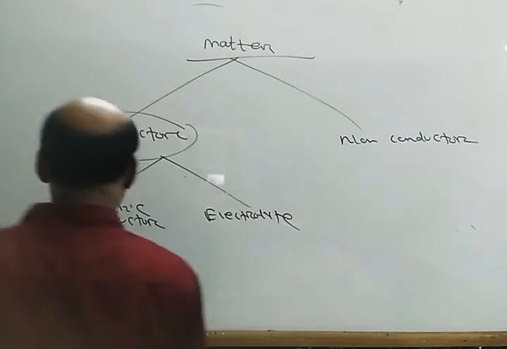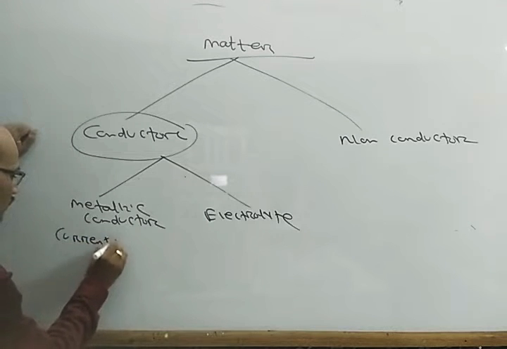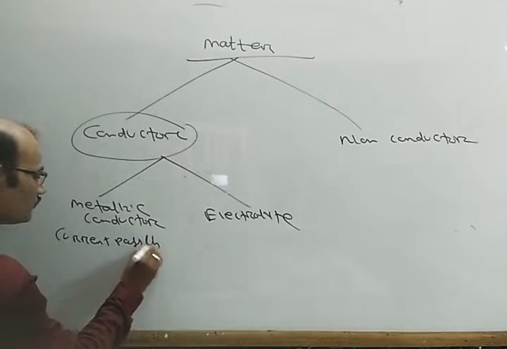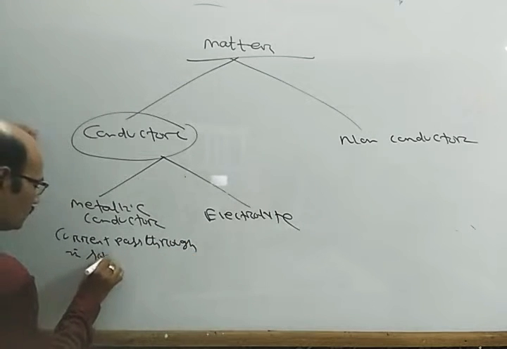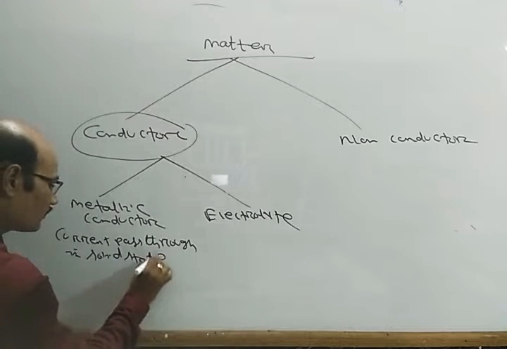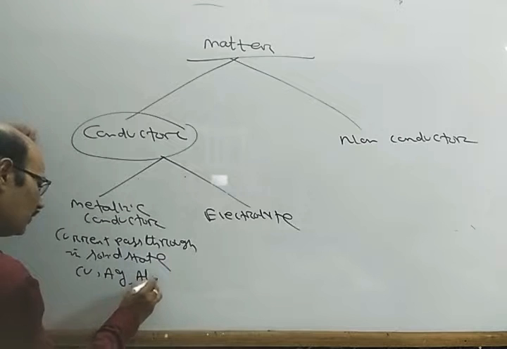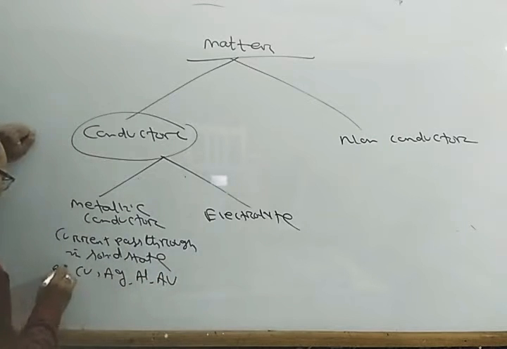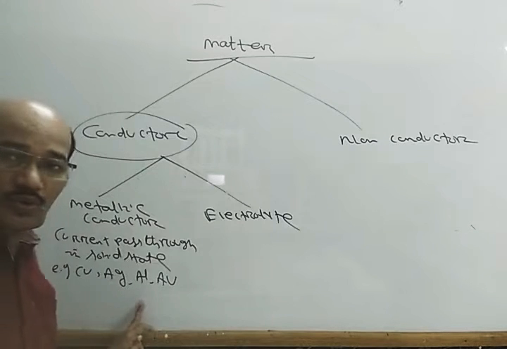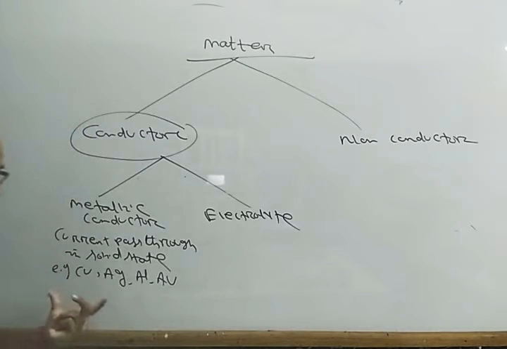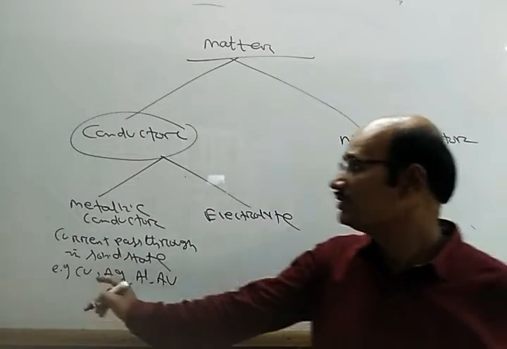Current passes in the solid state through metals like copper, silver, aluminum, gold, etc. Copper, silver, gold, and aluminum are different kinds of metals through which electric current can pass in the solid state.